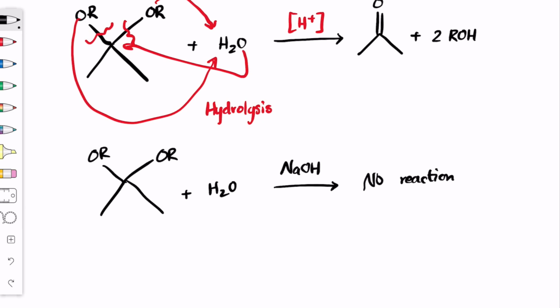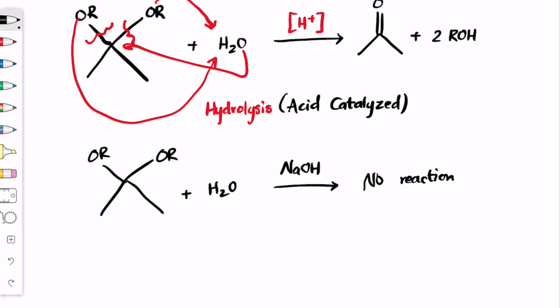So this reaction is an acid catalyzed hydrolysis reaction, not hydration. Remember the difference between hydrolysis and hydration. Hydrolysis here is addition of water, that's it. Hydration is adding of OH groups. So that's the difference between these two processes.